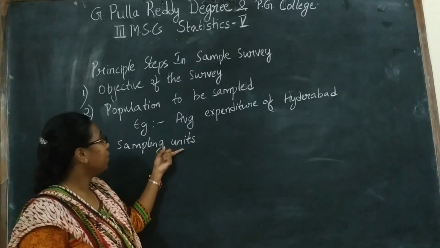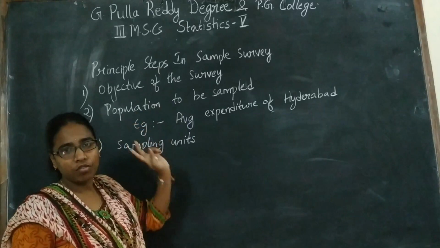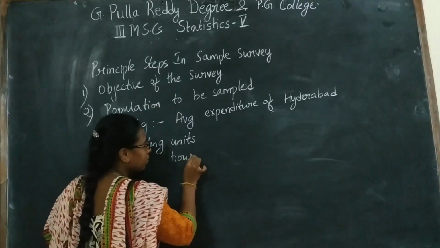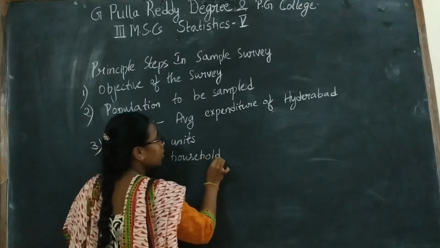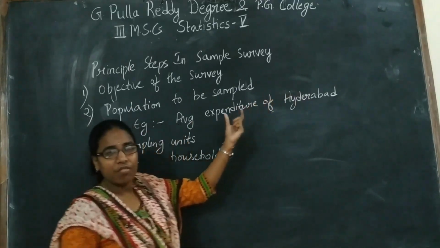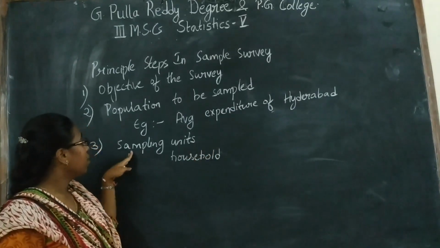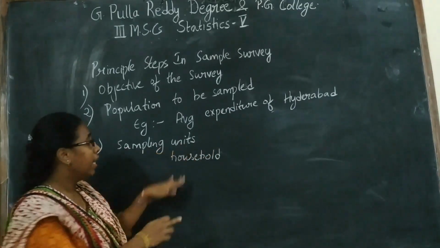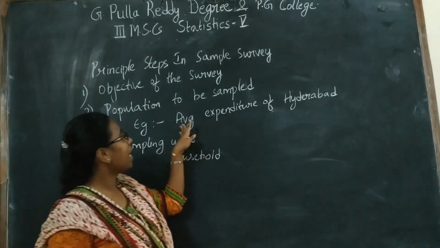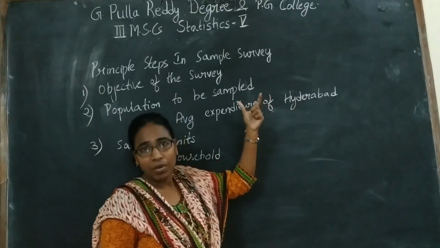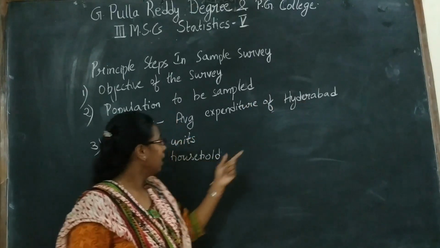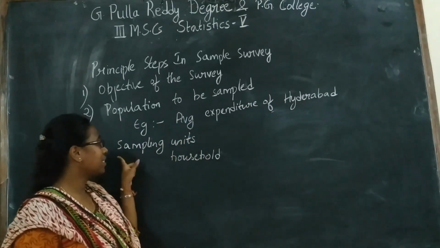The sampling units depend upon the nature of the population. Suppose you are considering household, here average expenditure of Hyderabad families. So each and every family we are considering, right? So here my sampling units I need to divide according to the households. If I am conducting the experiment of Hyderabad families, I will consider households as my sampling units.